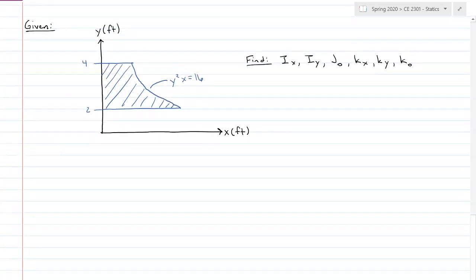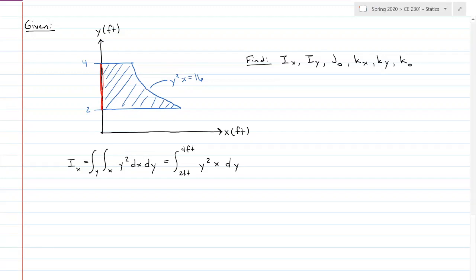Okay, this time my area is continuous against the y-axis, so I'm going to put y as the outer integral. Integral y, integral x, y squared dx dy, which is going to give me the integral from 2 feet to 4 feet of y squared x dy. So I need x in terms of y.